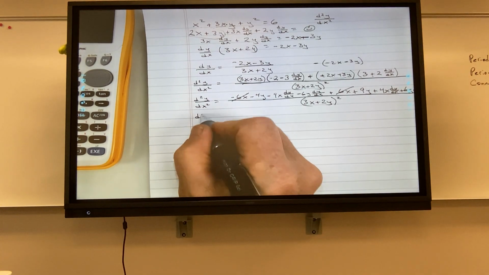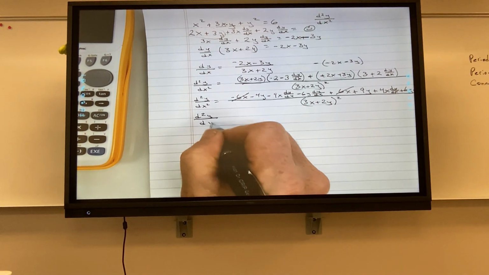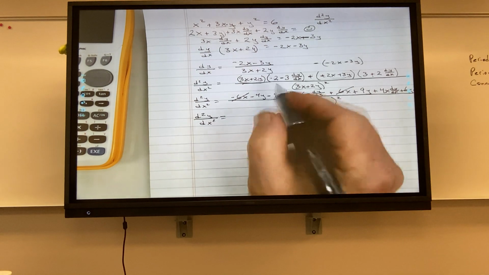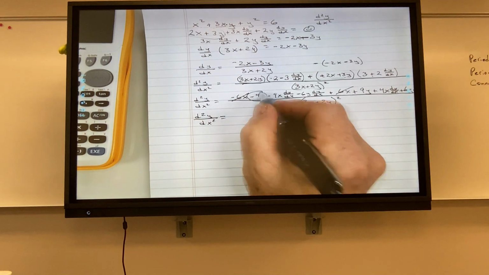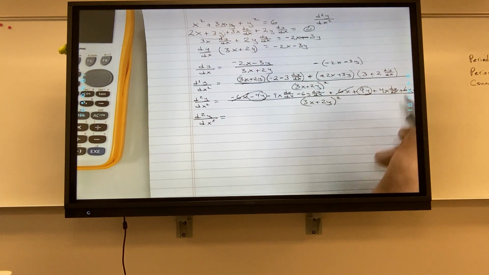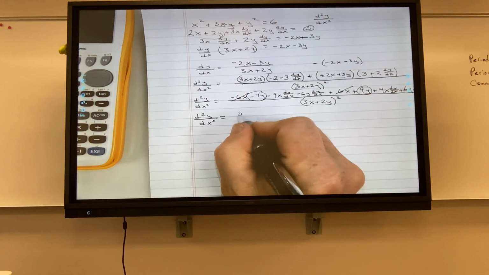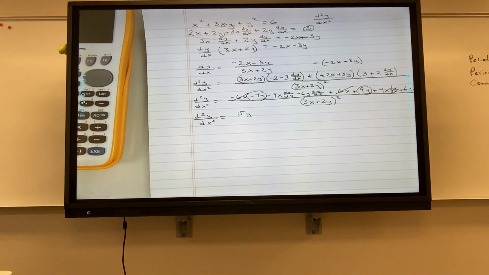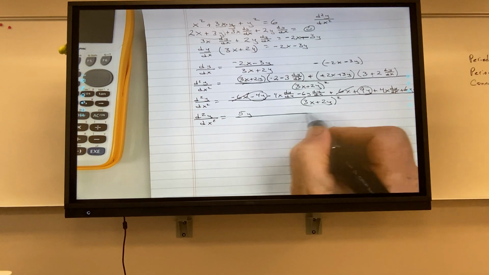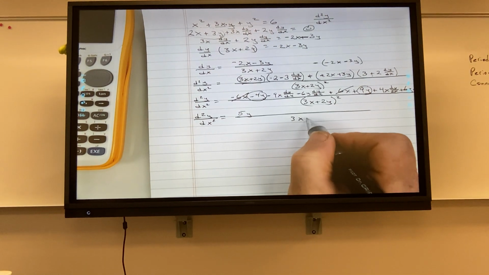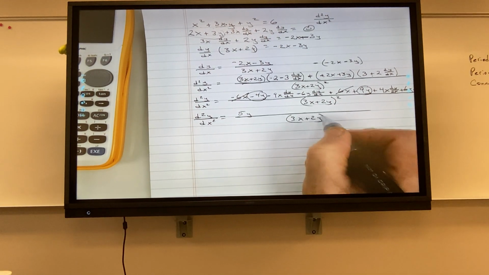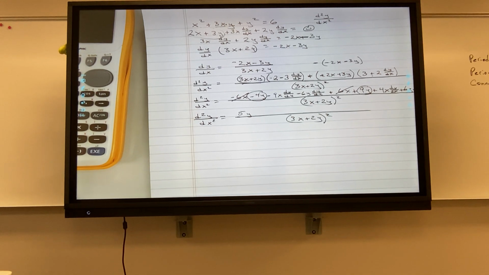So then I said, okay, what do I have here? I got negative 4y plus 9y gives me 5y. I think I may have done this wrong, but I think I might have made 2 things die.